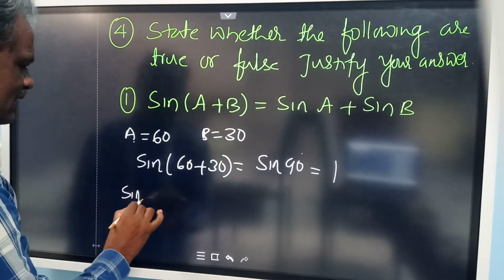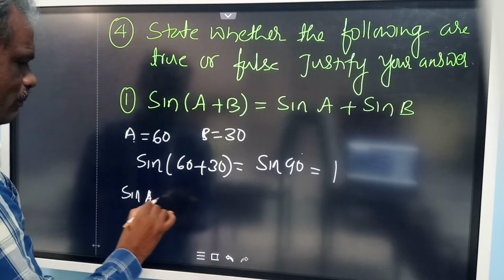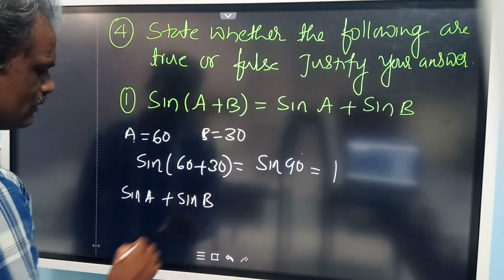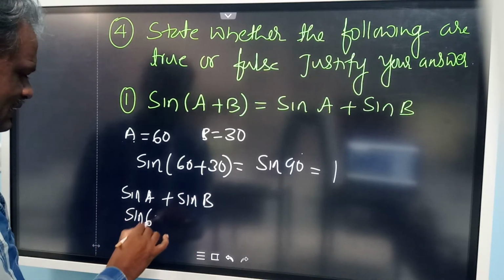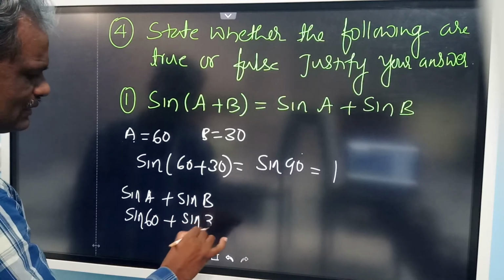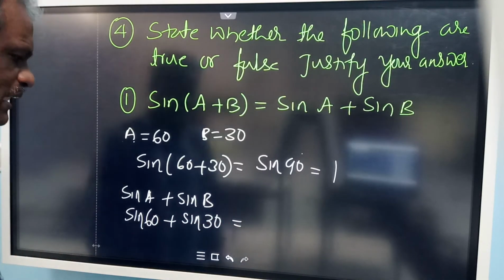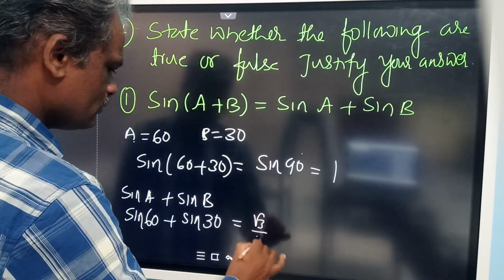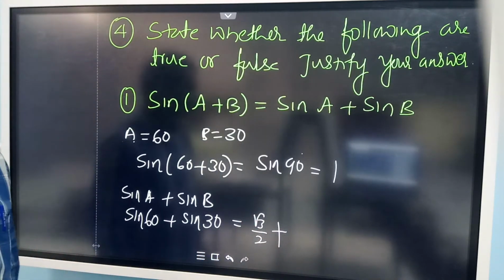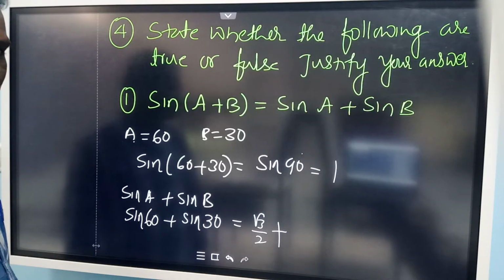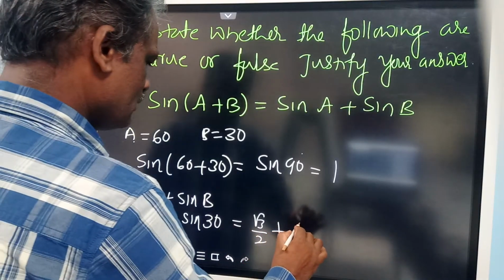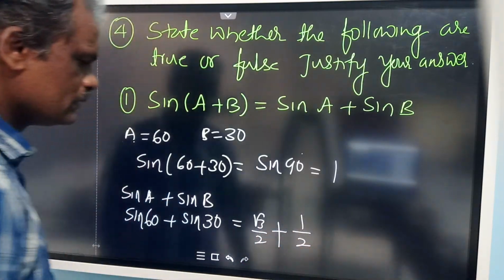Similarly, let us take sin A plus sin B. Sin A means sin 60, sin B means sin 30. Sin 60, opposite side by hypotenuse, root 3 by 2. Sin 30, opposite side here 1, hypotenuse here 2, so 1 by 2.